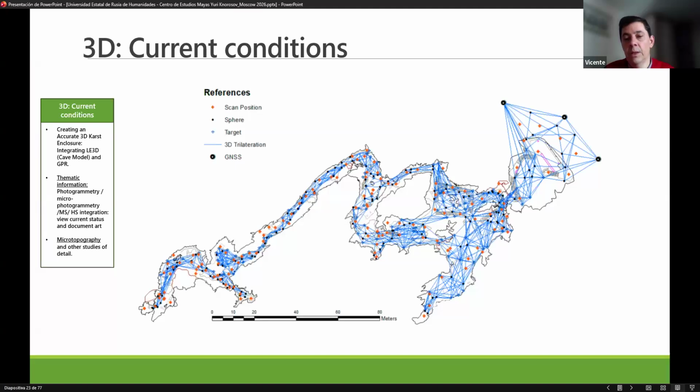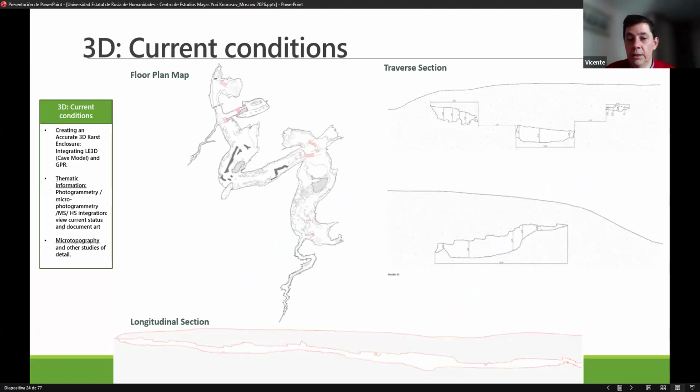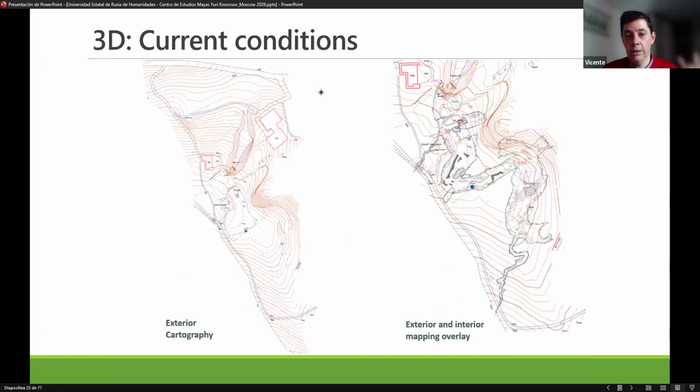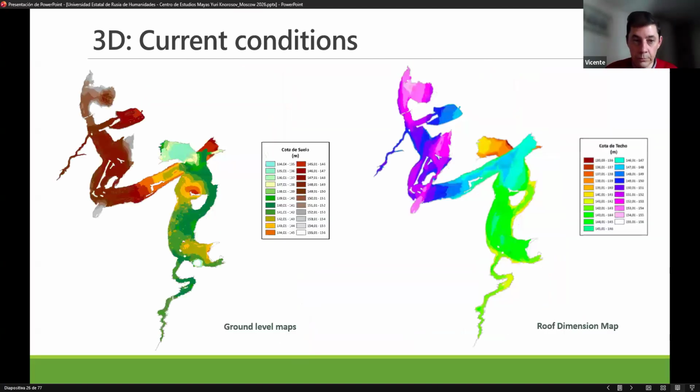Because today, all the software automatically fits most point clouds, but this is the only way to have uncertainty of each part of the cave, okay? To create this information: plans, traverses, sections with exterior soil, longitudinal sections, to put the exterior in cartography over the cave, just to know what happens in the exterior and in the interior.